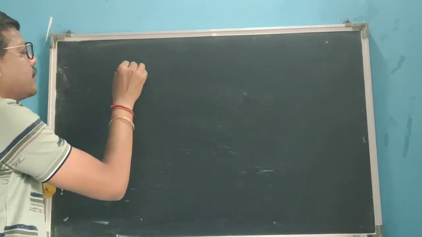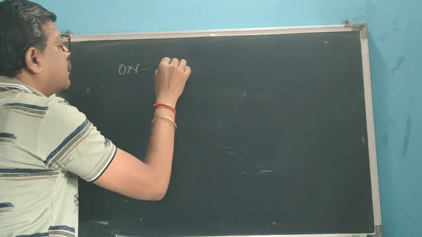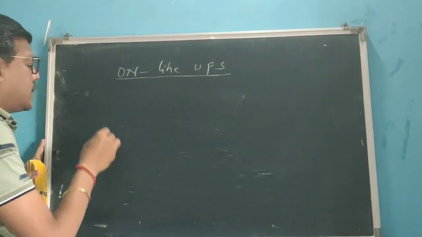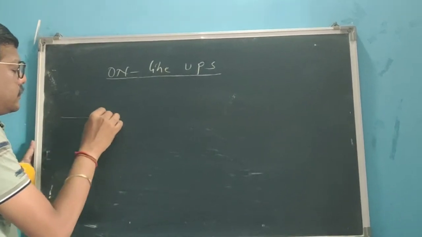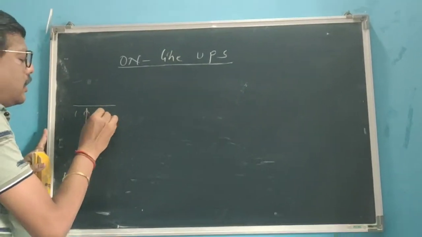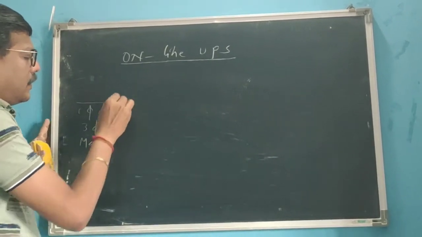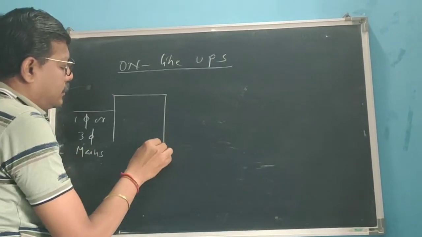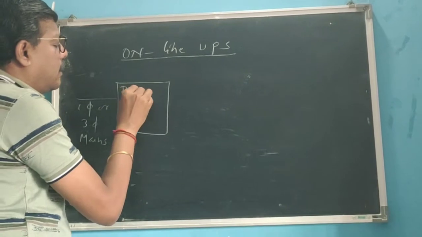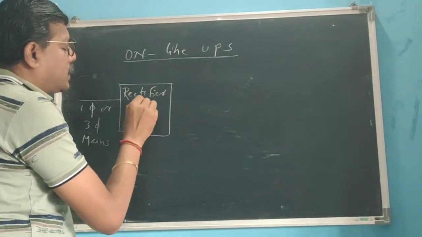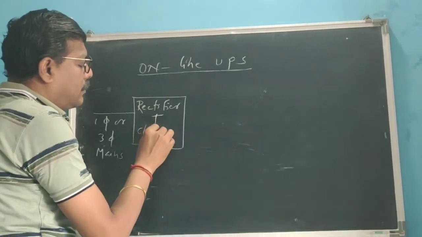First of all, we are going to see the online UPS. This is the online UPS. This is the one phase or three phase mains. It is given to the rectifier plus charger.